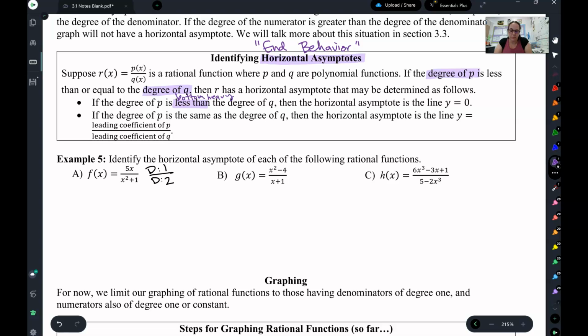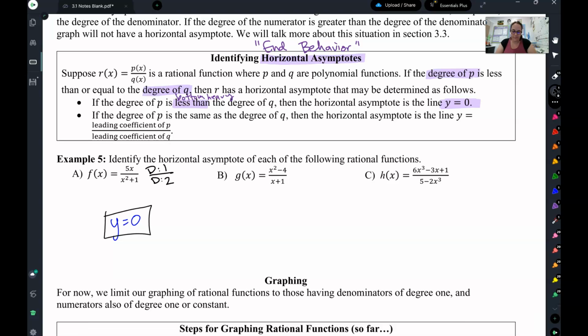The bottom is bigger than the top. So if you look at your degrees and they are bottom heavy, then your horizontal asymptote, your end behavior, is y equals 0. And we'll talk about more of what that means in just a second and how we graph that. For now, we just need to find it. So if it's bottom heavy, we write y equals 0. And that's our answer. We're done.